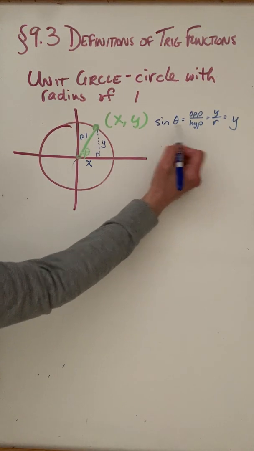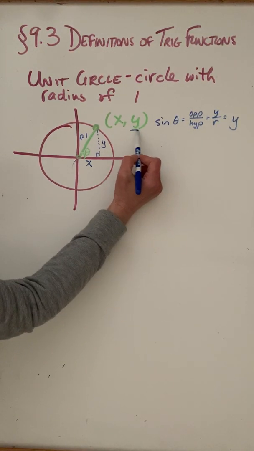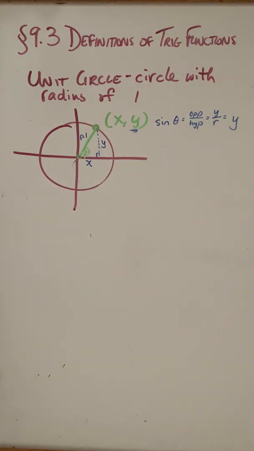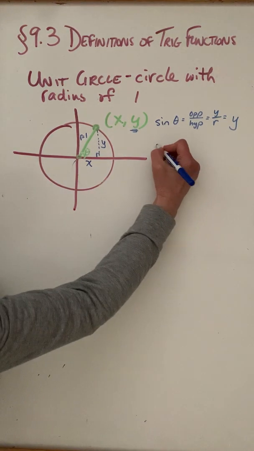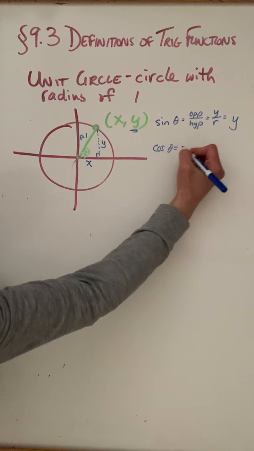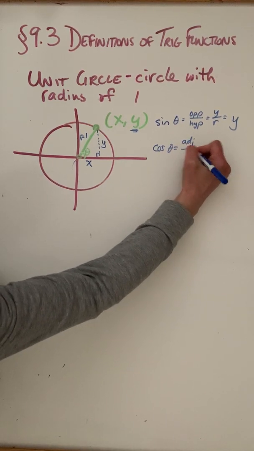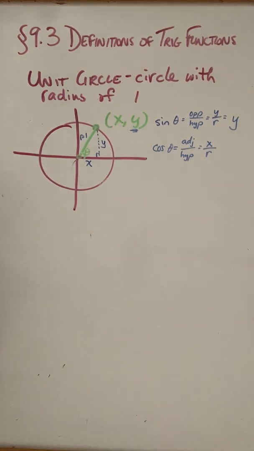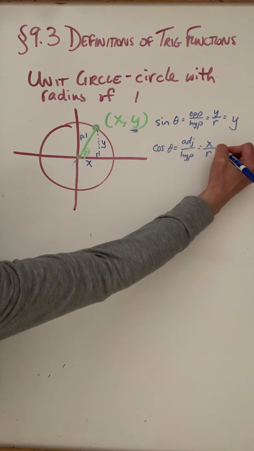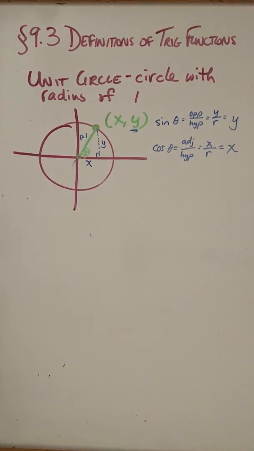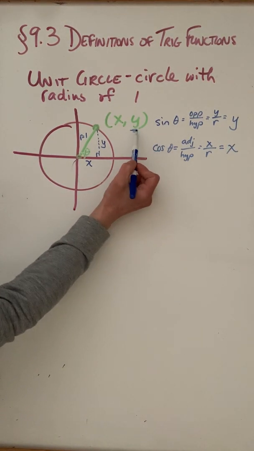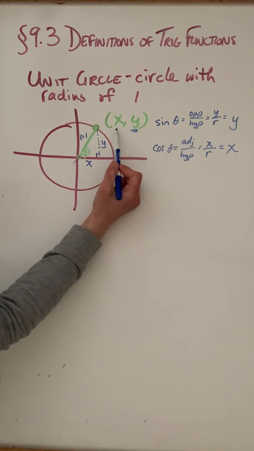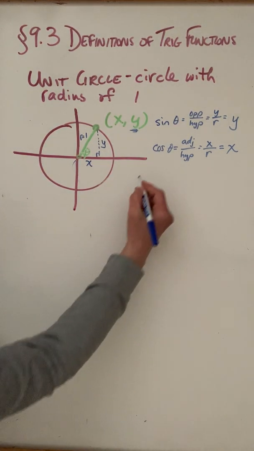So all we're saying is that the sine of our angle theta is just equal to the y coordinate of that ordered pair, all right? The cosine of theta, by definition, is adjacent over hypotenuse, which is x over r. Since it's the unit circle and the radius is 1, cosine of theta is just x. So the sine of theta is just the y coordinate, and cosine of theta is just the x coordinate.